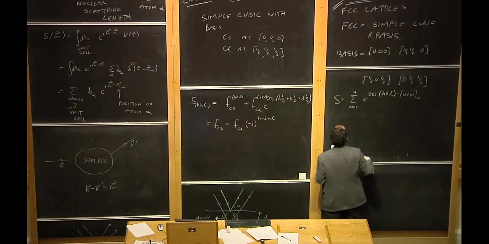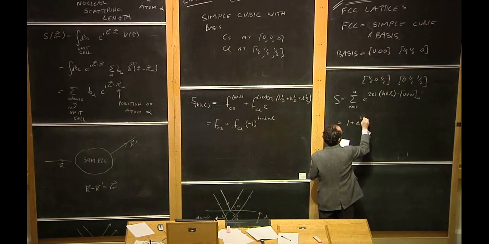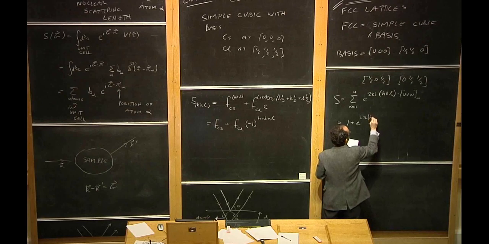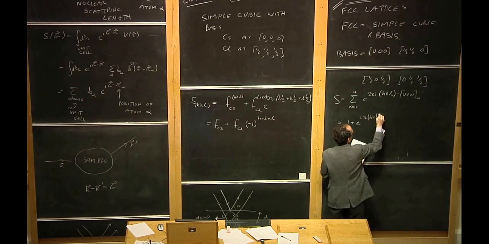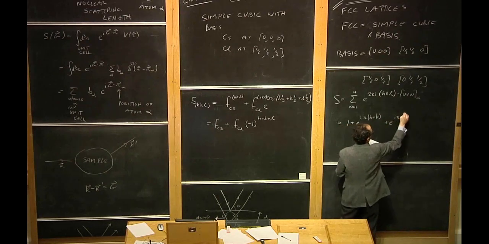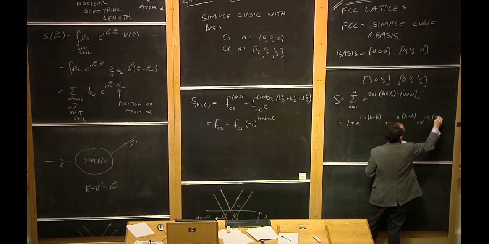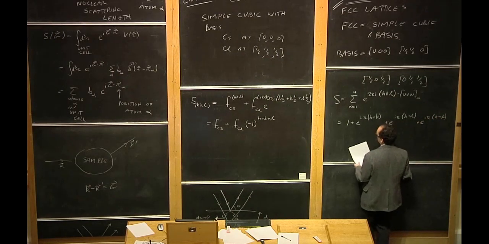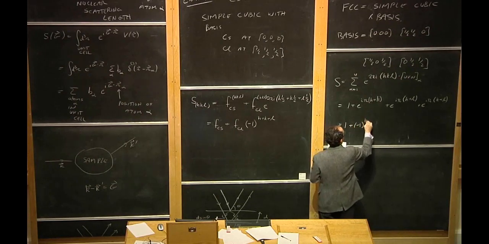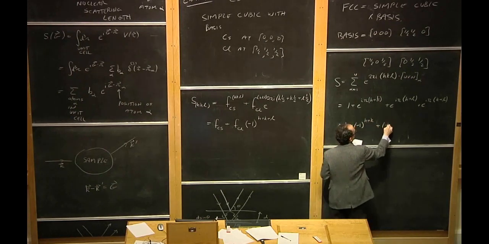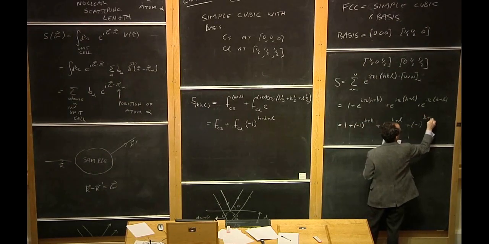which we can then write as 1 plus e to the i pi (h plus k), so 1 is from 0, 0, 0, then we'll have e to the i pi (h plus l) plus e to the i pi (k plus l), which is then equal to 1 plus (minus 1) to the h plus k plus (minus 1) to the h plus l plus (minus 1) to the k plus l.